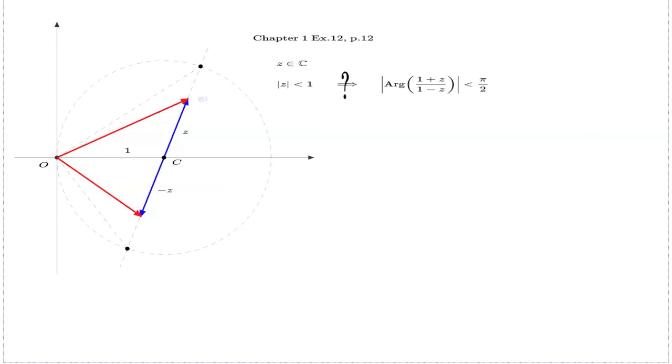So if I call this point A and if I call this point B, what I claim is that OA is just a vector which represents the number 1 plus z, and vector OB, this vector, represents the number 1 take z.